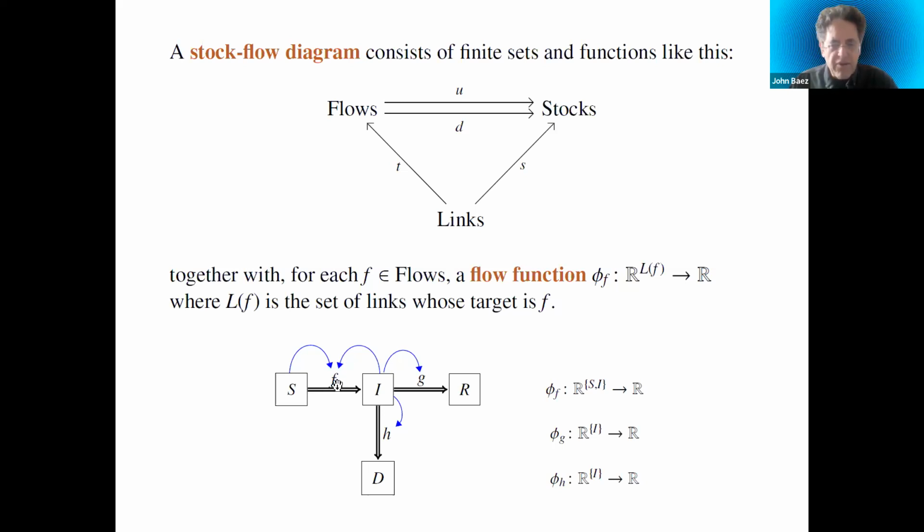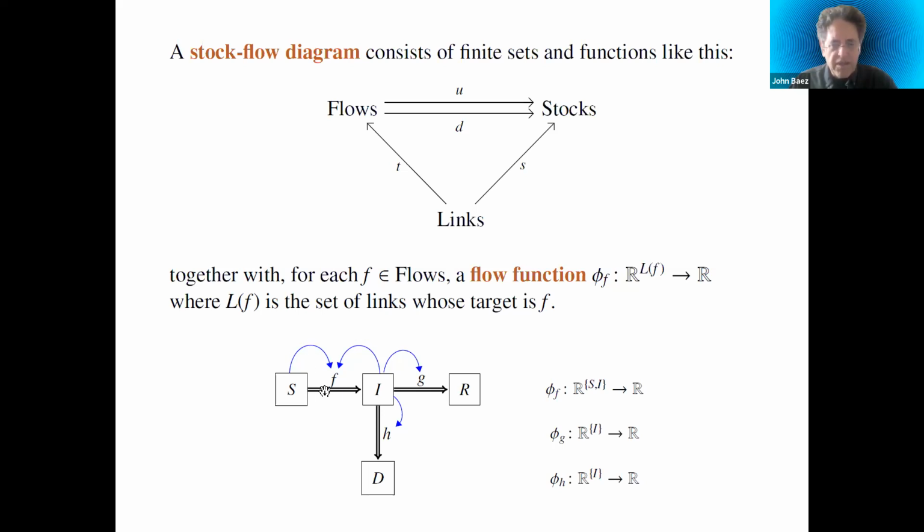In this stripped down version of stock flow diagrams, the flows are not computed from some intermediate variables, but directly from the stocks. And how are they computed from the stocks? We need to equip this diagram with some extra data, namely for each flow, a flow function that tells you how to compute that flow from the values of the stocks that have links pointing toward it.